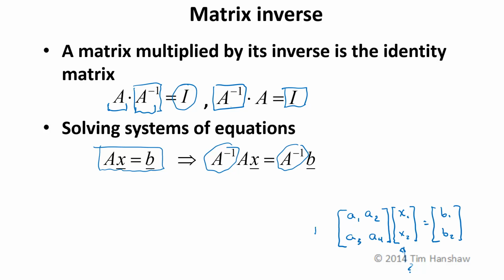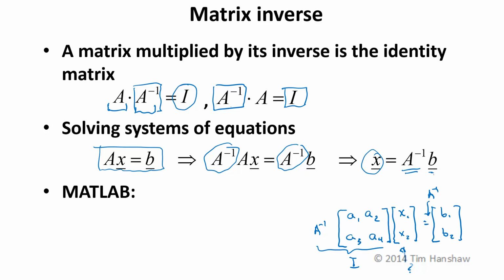So if I multiply this by A inverse, that gives me I, and I multiply this by A inverse, then I times the vector of x's will just give me my x vector back, and the unknowns will be the product of the inverse of A and the vector b.